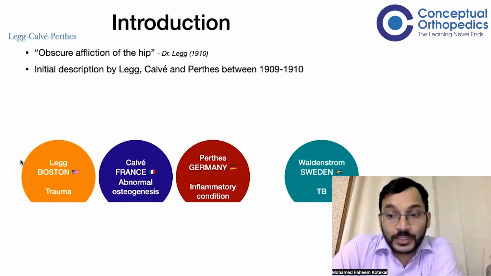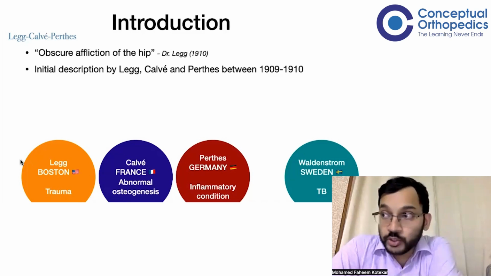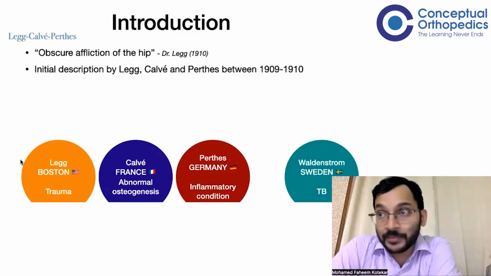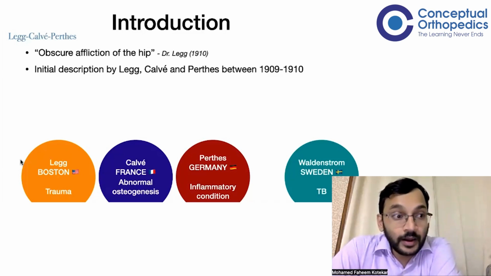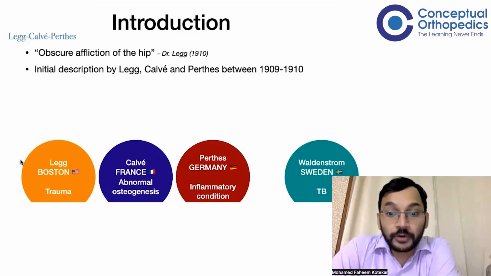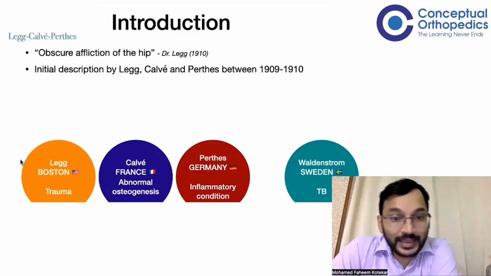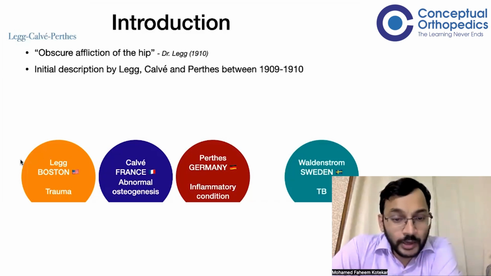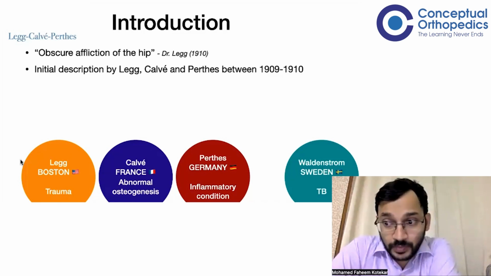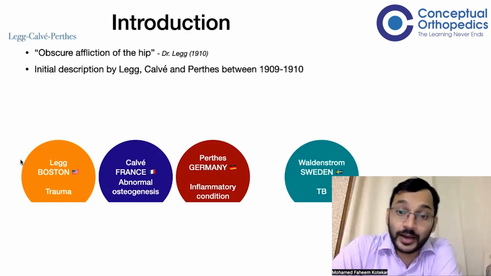Okay, and that's where Waldenström comes in. Waldenström, in the same time period, between 1909 and 1910, described this particular condition as tuberculosis of the hip, whereas Legg, Calvé, and Perthes attributed it either to some sort of trivial trauma, to some abnormal osteogenesis, or to an inflammatory condition, which to date we do not have a clear-cut answer to.